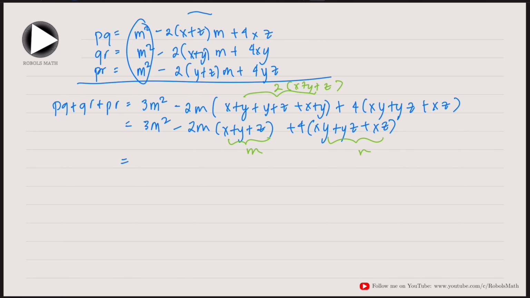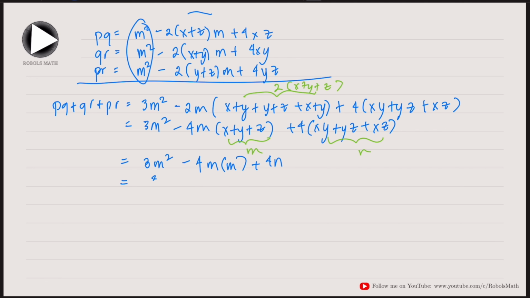So we get this expression as 3m squared minus 2m times m. Oops, sorry, there should be a times 2 here because there are two of them. So actually this coefficient should be 4. So we have here negative 4 times m plus 4n.